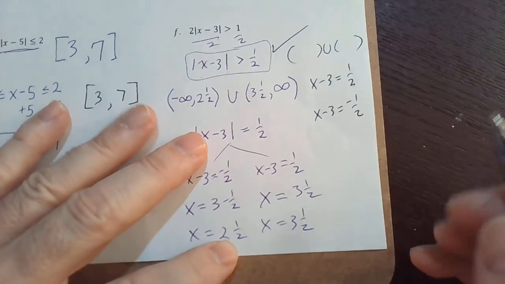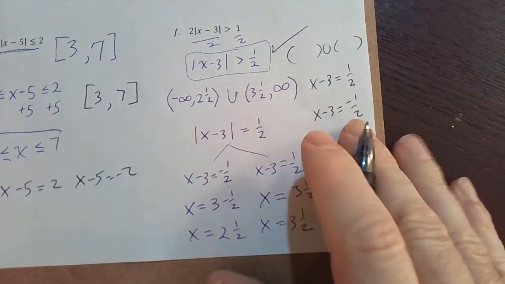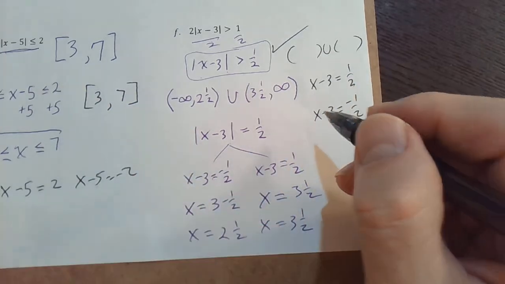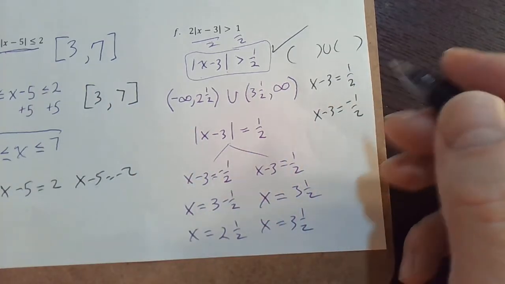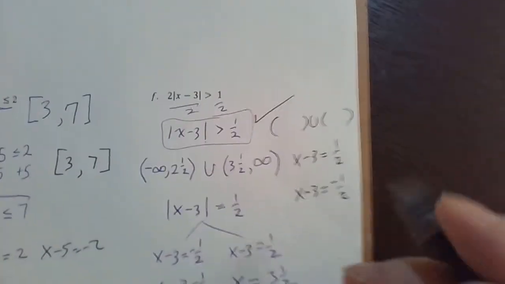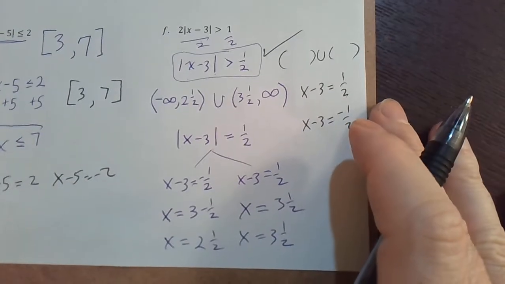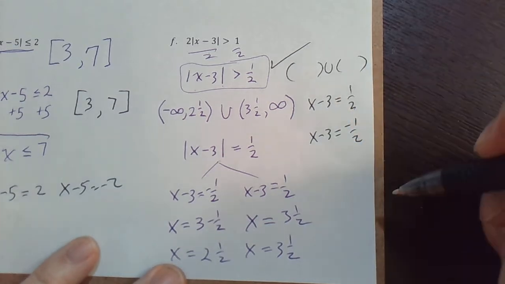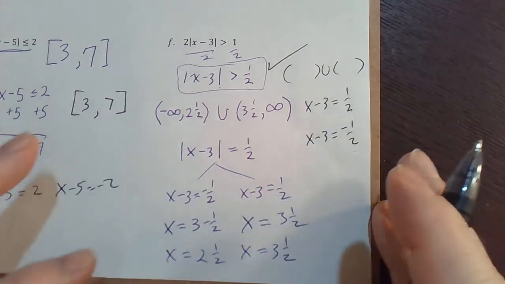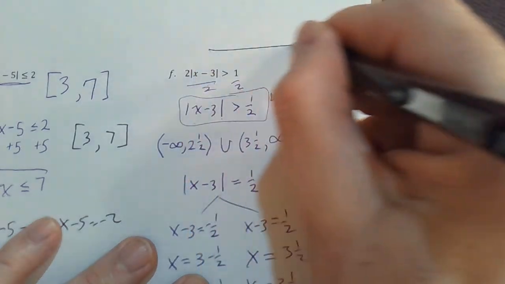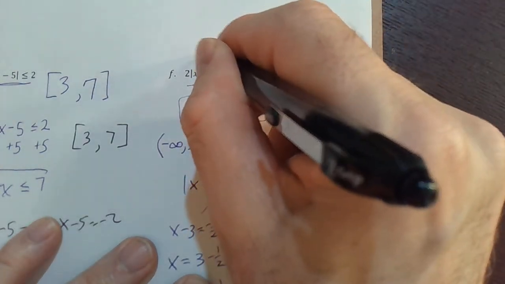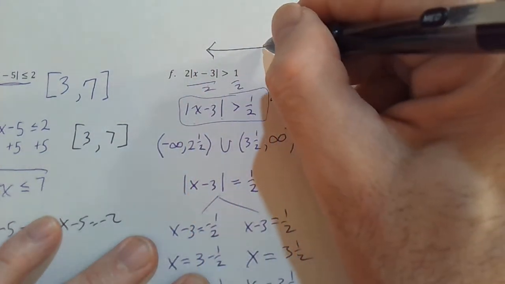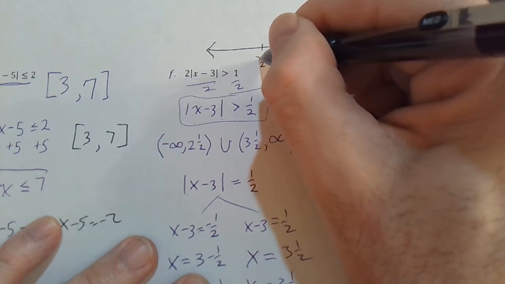And remember, when you graph it, that's probably what I should have done. When I graph it, sorry about that, all I need to do is get these two magic numbers and plot them. 1/2 and negative 1/2.